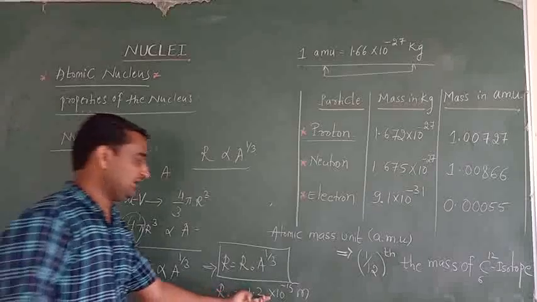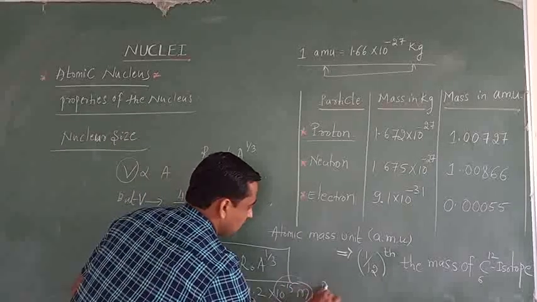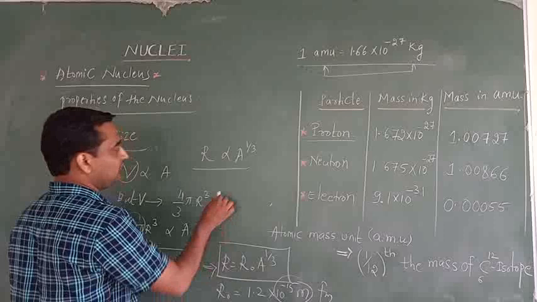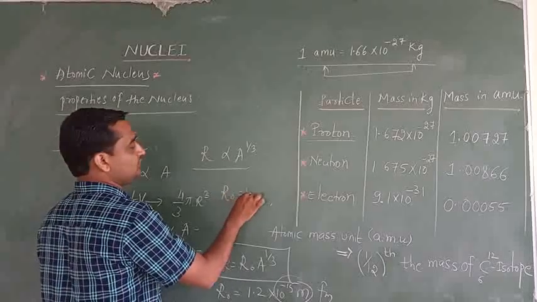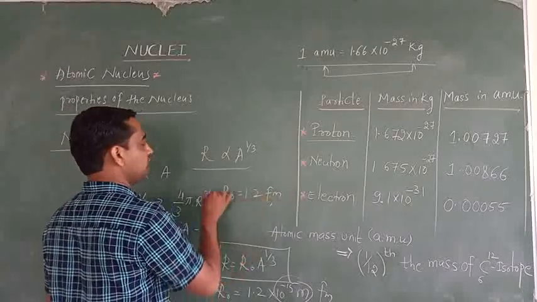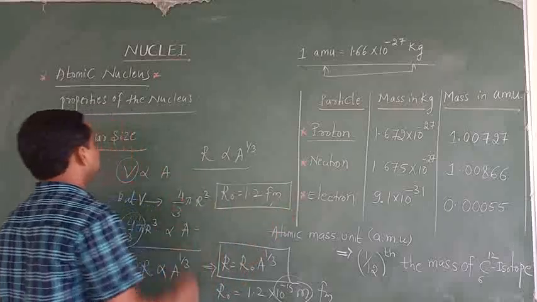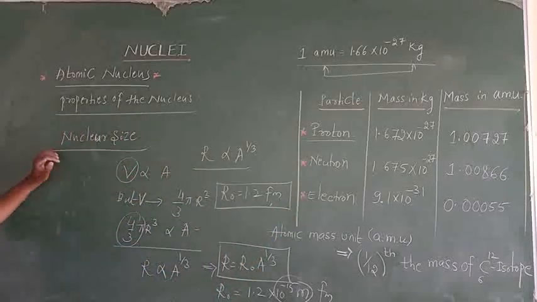So 10 to the power minus 15 meter is equal to one Fermi. Therefore, the value of R0 is 1.2 Fermi. In this way we represent the nuclear size.